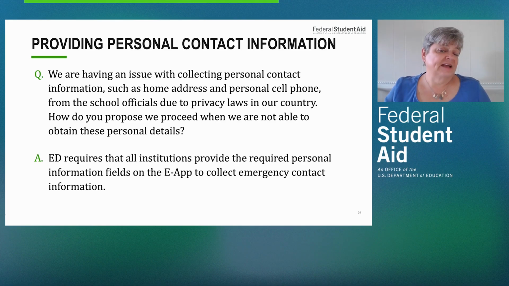The department is collecting this information so we can reach school officials in the event of an emergency. Remember, you did previously report emergency contact information that included personal email and personal phone number for 2 officials on the former EAP in question 69. Now, you can't submit the EAP without completing this section for each reported school official.